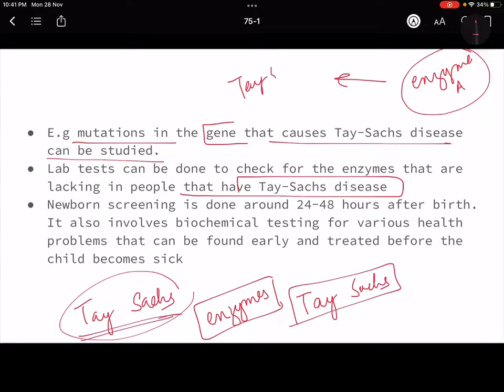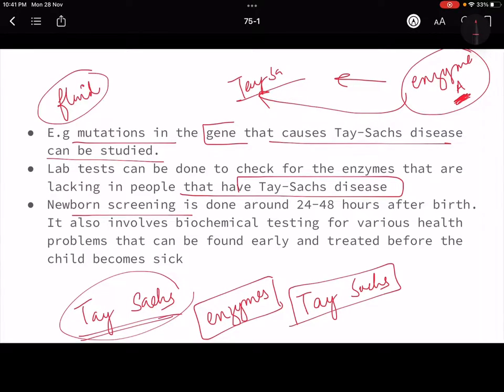So you try to correlate that maybe because enzyme A is lacking, it might be creating the disease Tay-Sachs, right? So based on that you can study enzymes in the body, and then you can study the diseases as well, right?